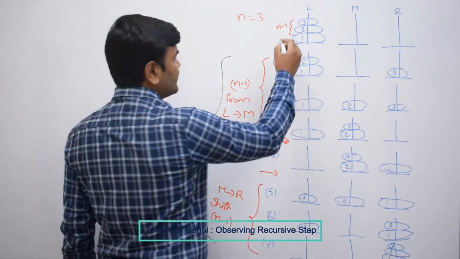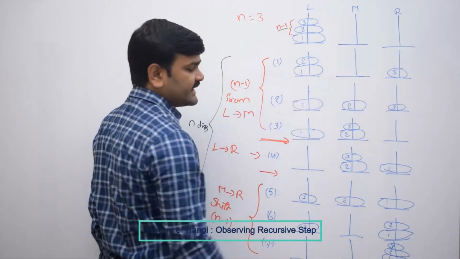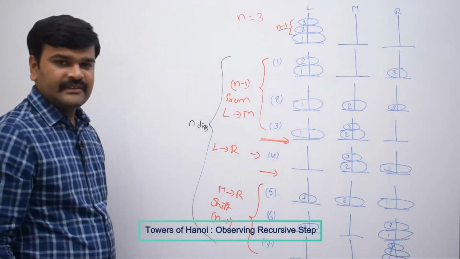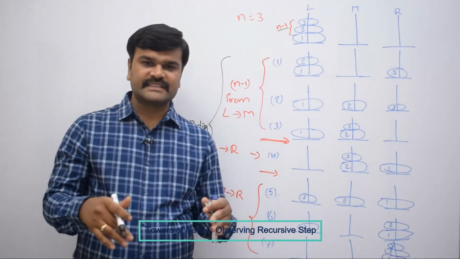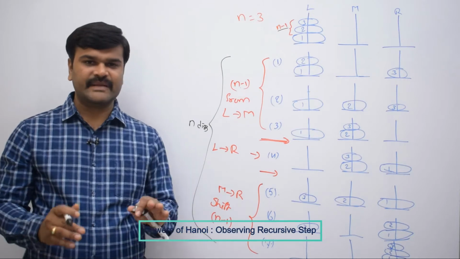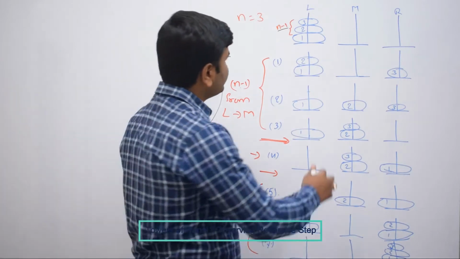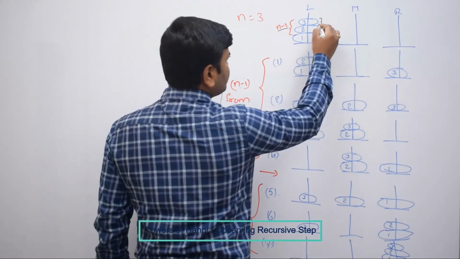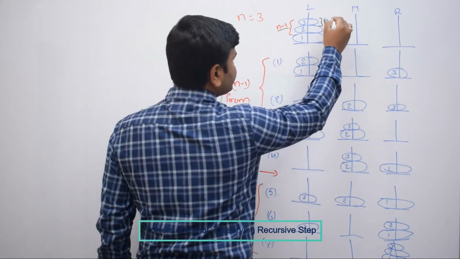So to shift these n minus 1 disks, again you are following the same strategy. The only thing is the number of disks has changed, that is decreased by 1. So now to shift these n minus 1 disks, you have to shift these n minus 2 disks first of all.